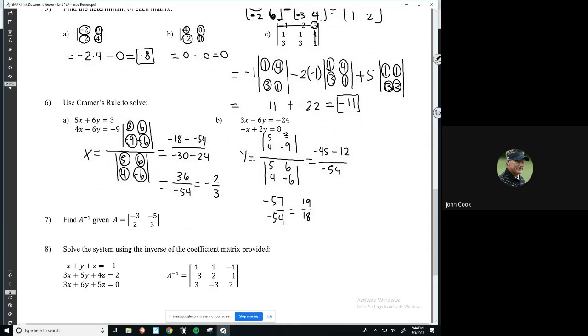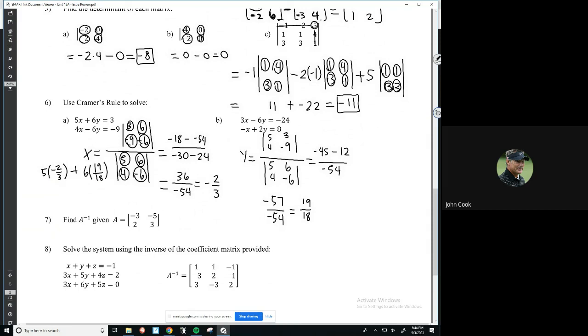I'll just check one of the problems, like 5x plus 6y equals 3. Let's verify that that's true. So 5 times x, which is -2/3, plus 6 times y, which is 19 over 18. We could have used easier numbers.